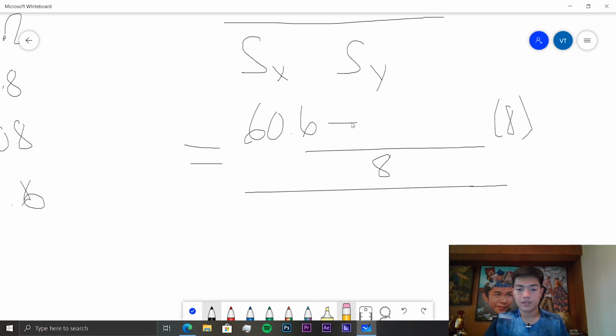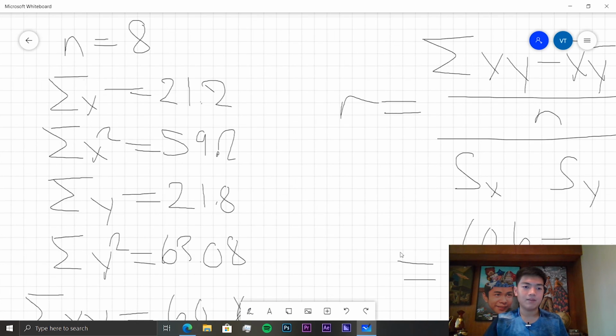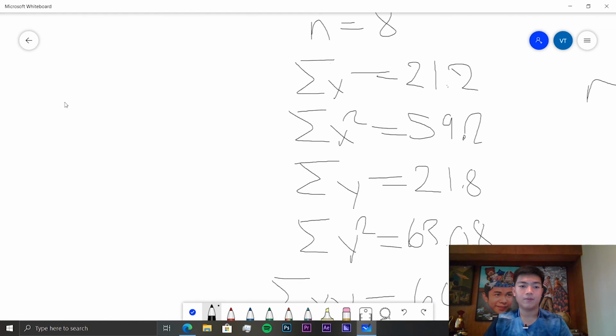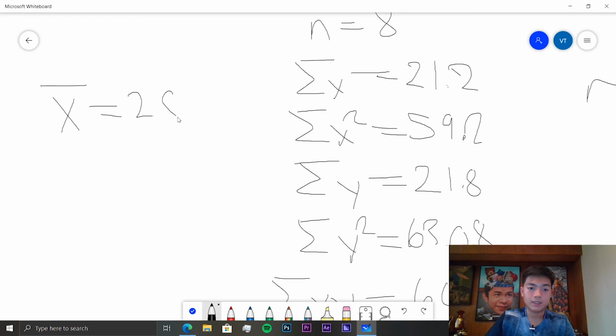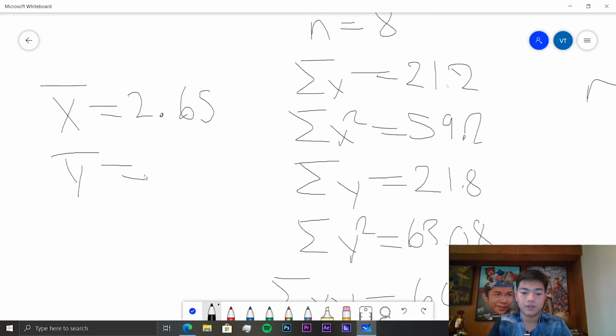So, let's actually just write the mean values down. I think that will be helpful. So the mean value will be equal to 21.2 divided by 8, which is equal to 2.65. And the mean value of y is equal to 21.8 divided by 8, which is 2.725.